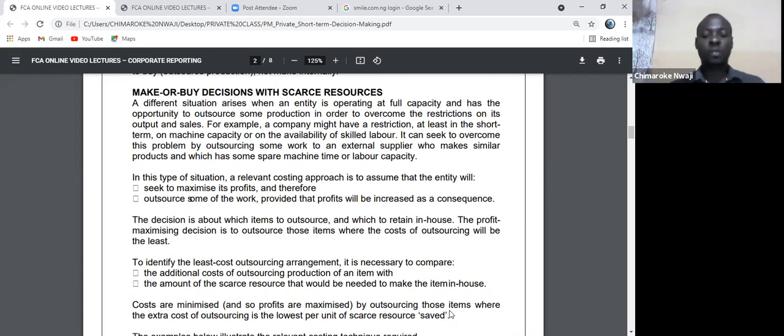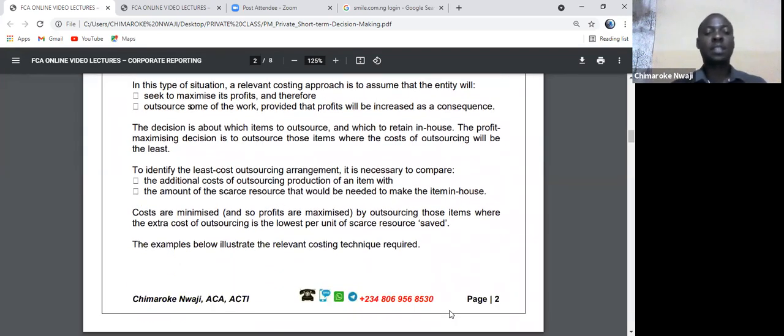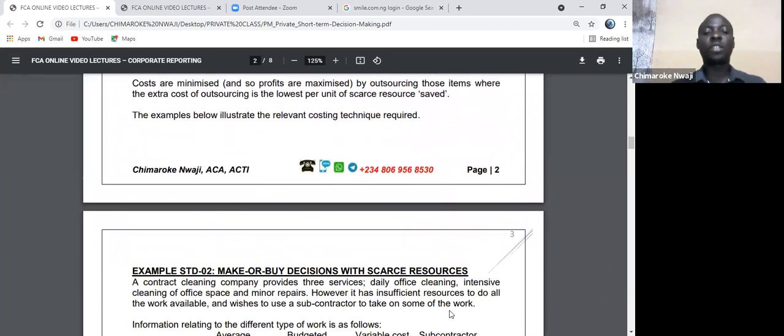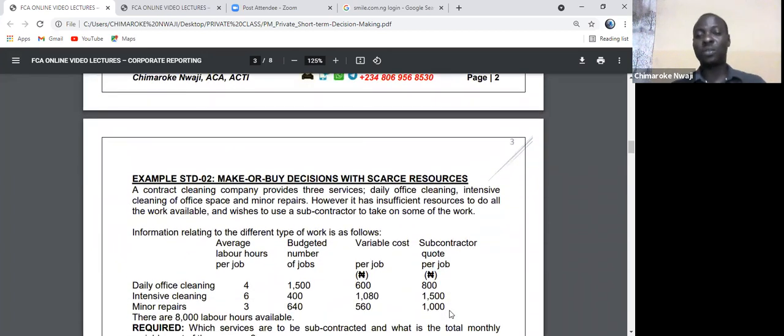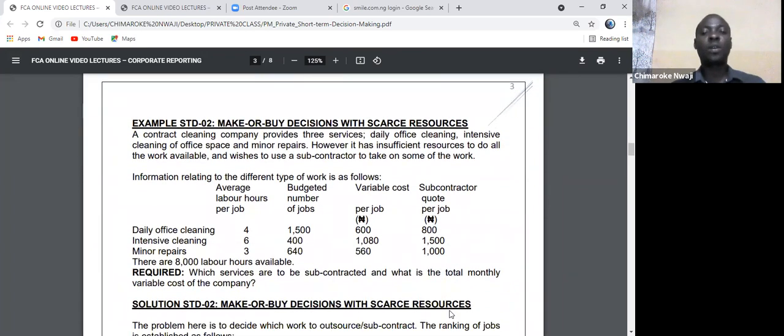Okay, so let's look at this illustration. STD02, make or buy decisions with scarce resources. Now, we are going to be identifying what is the scarce resource. So the first thing here is to identify that scarce resource.